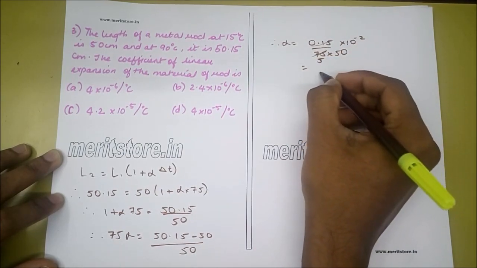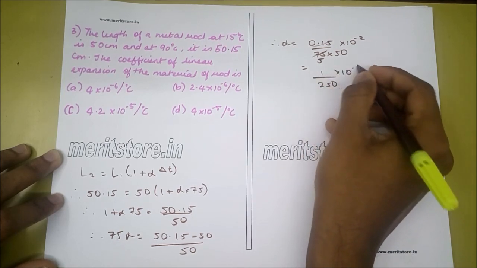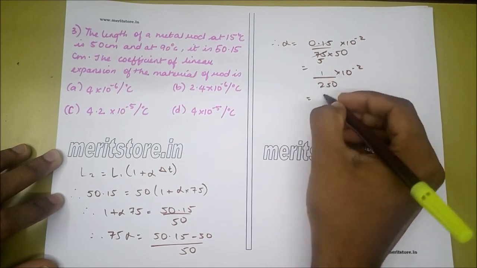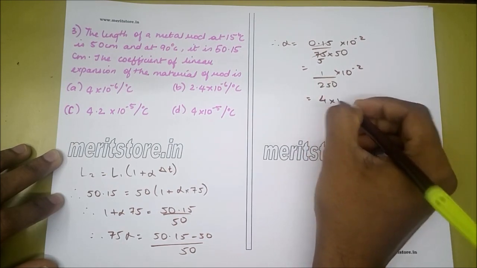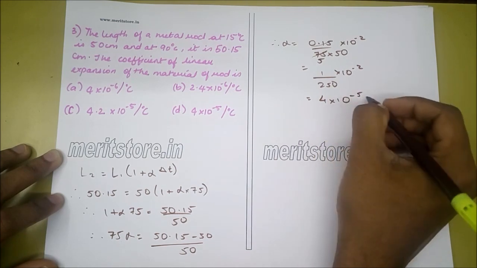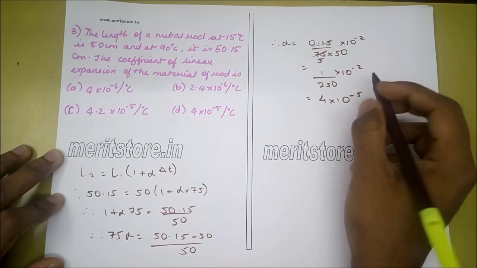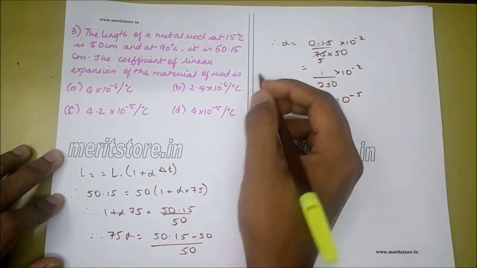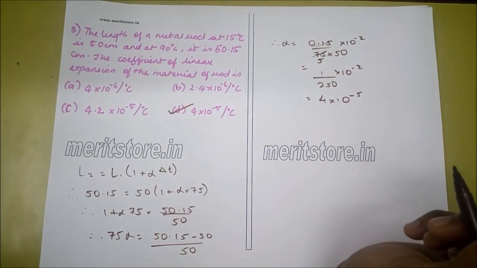So this is 1 upon 250 into 10 raised to minus 2. So this comes out as 4 into 10 raised to minus 5. So 4 into 10 raised to minus 5 is the answer. Hence, option number D is the correct answer.